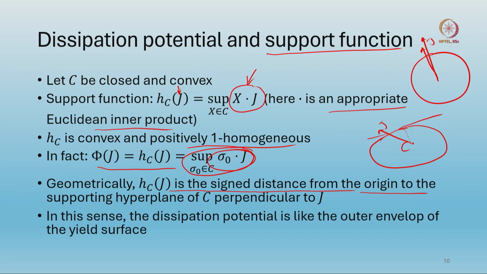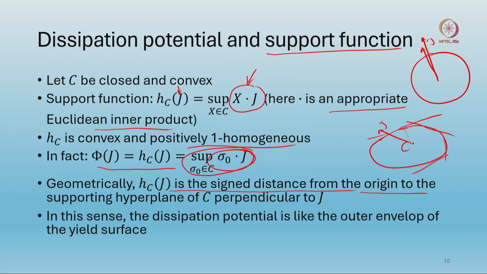This is the signed distance from the origin to the supporting hyperplane. This is one supporting hyperplane. Then you can go on constructing a lot of such supporting hyperplanes, and finally you will be generating this curve, that is del C. That is why there is a geometric meaning to the supporting hyperplane.